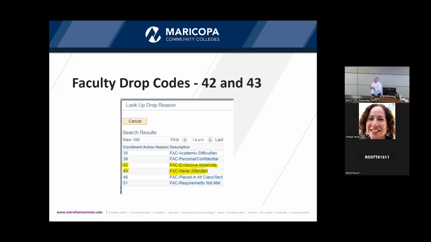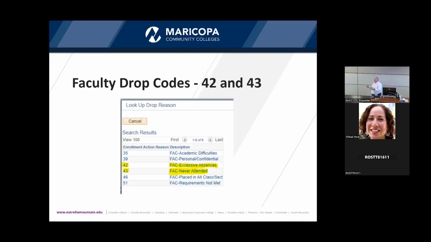For the convenience of the students, because those primary classes for a degree fill up so quickly, if they're enrolled in English 101 for the fall, they're allowed to enroll for English 102 in the spring. The problem is there's not an automatic way for the English 102 to be dropped if they fail the English 101 class. So we are putting in a process to try to catch some of those.